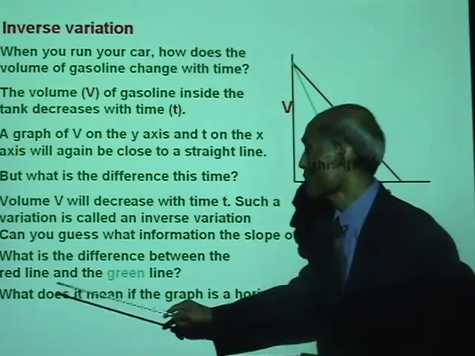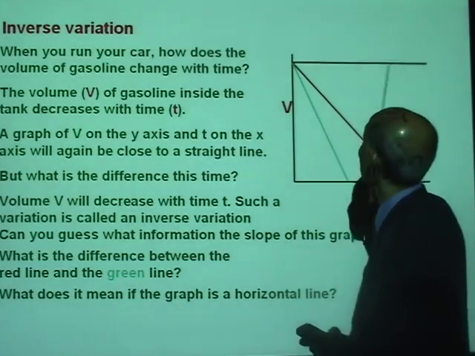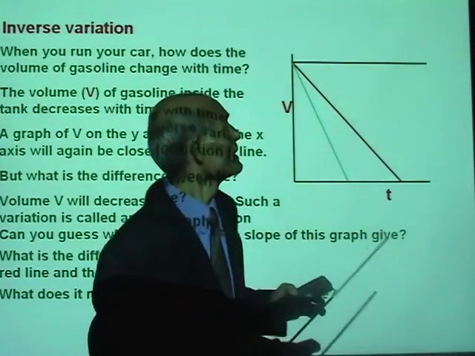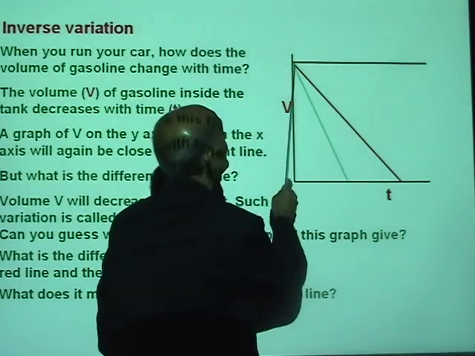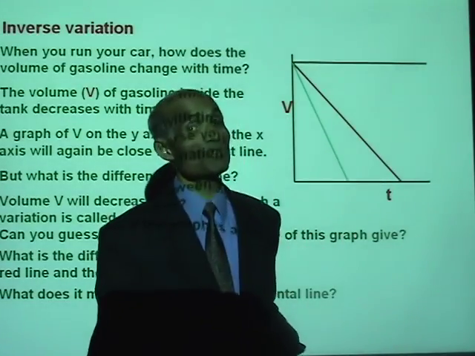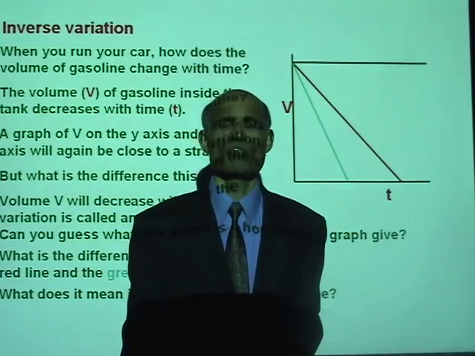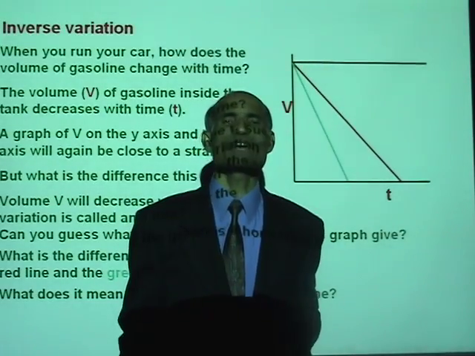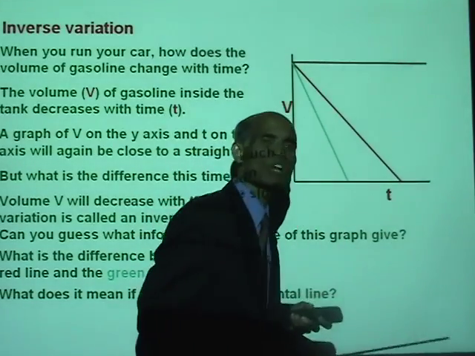All right? So what does it mean if the graph is a horizontal line? Tell me, what does it mean? The graph is a horizontal line. You fill the gas tank and the volume does not change. Well, you filled it and left it in the gas station, forgot about the car, and you came back after 5 days and found the car still full.